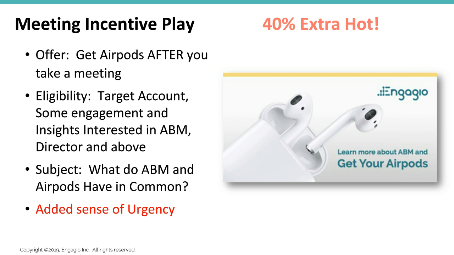And we used this to say, hey, if you book this meeting within this time, we'll give you a set of AirPods. And the key here, I think, is this eligibility element where you don't offer it to just everybody. It's not a huge blast that goes to your whole database. It's for your targeted accounts.